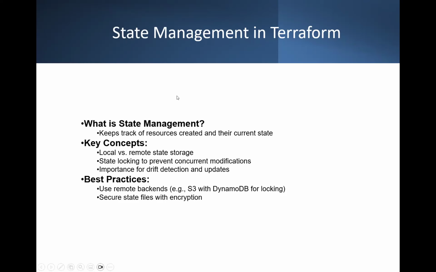All these details we are not going to put into the version control system. That has to be maintained in the state files. That is the state management in Terraform, and it is very critical to track the current state of our resources.